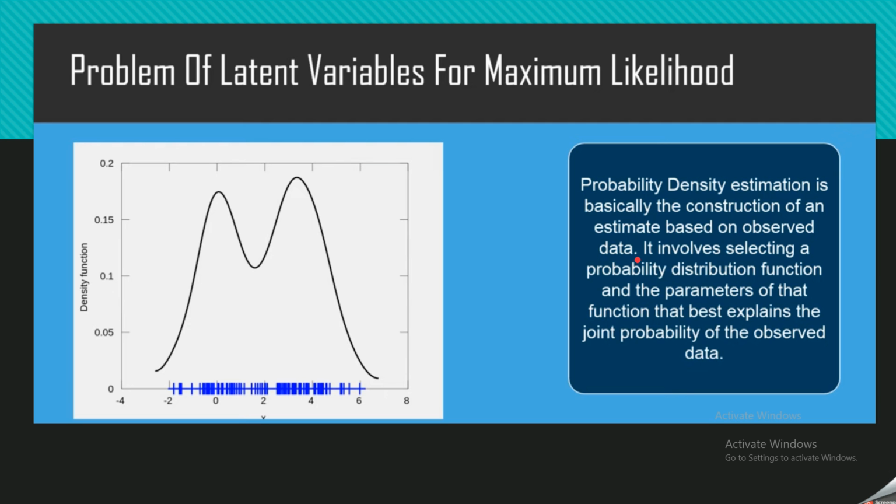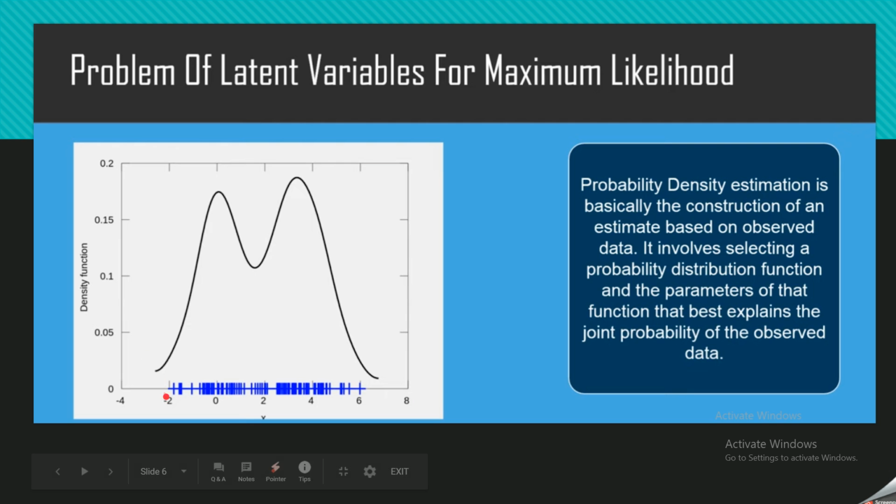It basically involves selecting a PDF, probability density function, and the parameters of that PDF that best explain the joint probability of the observed data. Let me simplify this for you.